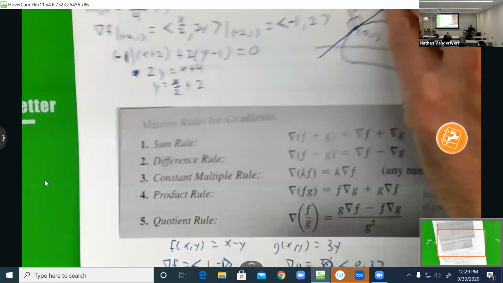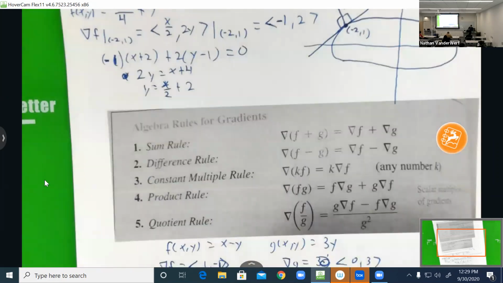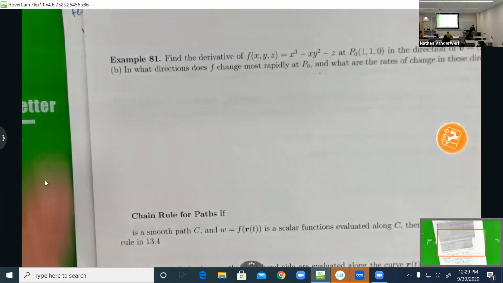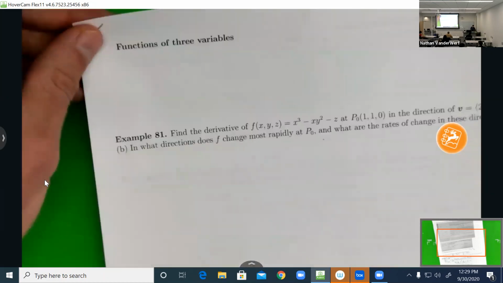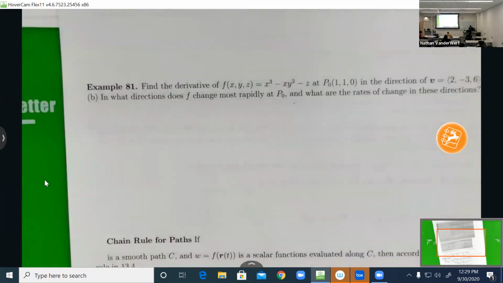This next page I just redid and wrote a little more. So we're going to go now to functions of 3 variables. We're just going to extend this a little bit more here.